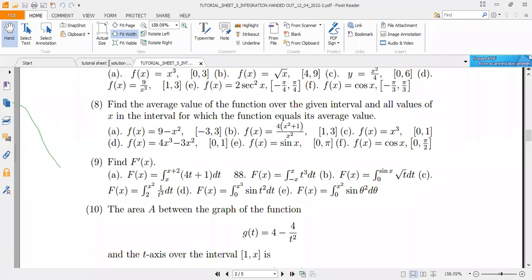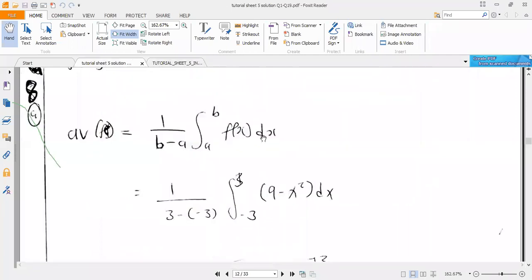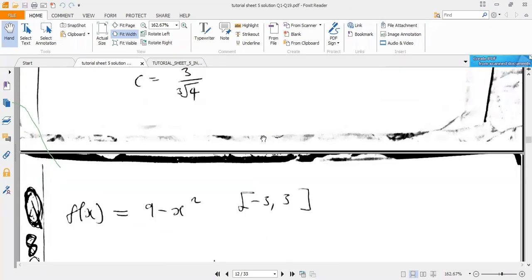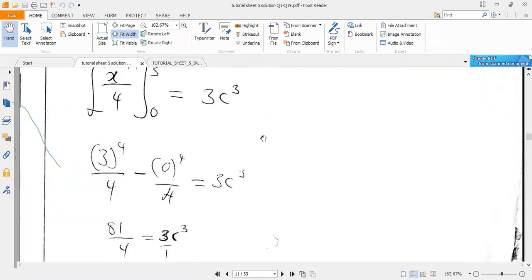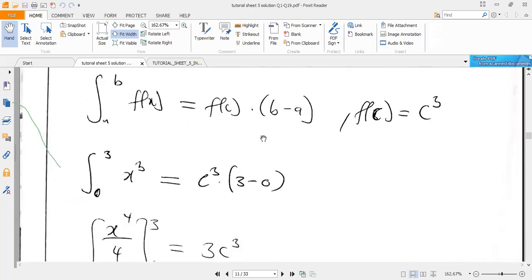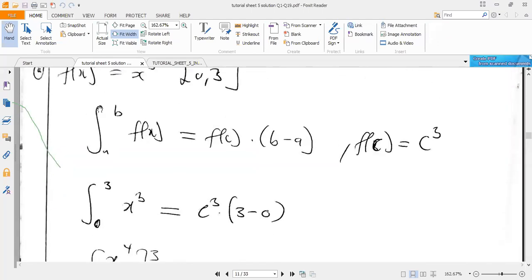For the average value, just like the way you did with the mean value theorem, if you look at the formula for the mean value, we have the integral from a to b of f of x equals f of c times b minus a.